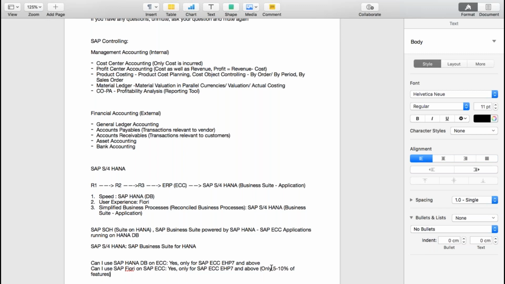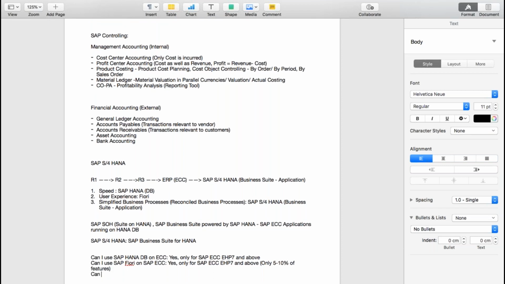Vikram, here I have a question. To use Fiori on ECC, do we need to have SAP HANA database, or can we use Fiori with ECC without SAP HANA database? Okay, so let me write this question so that you are clear.